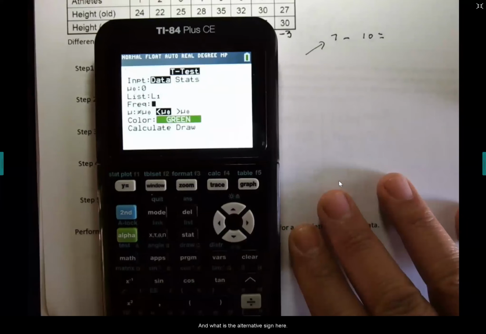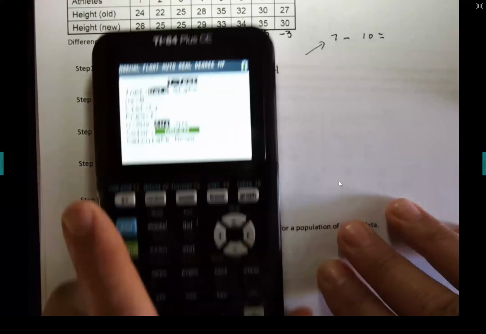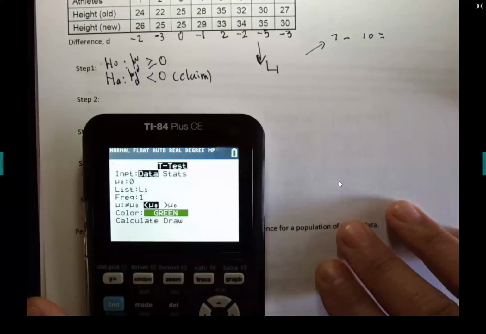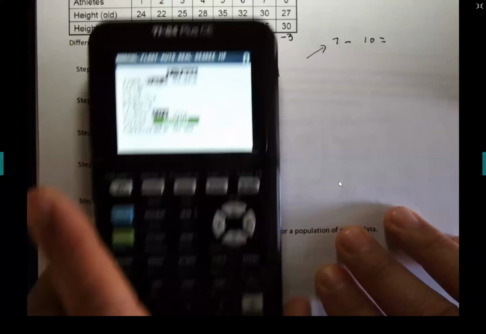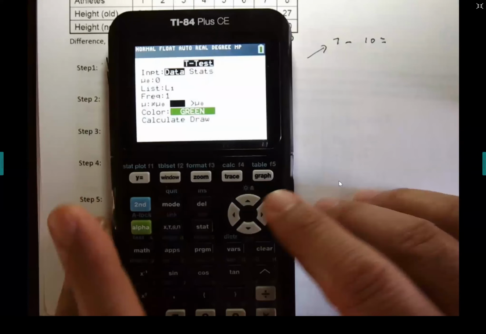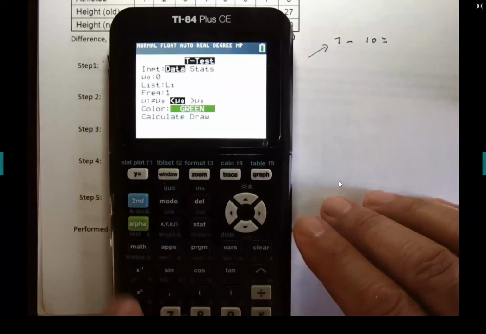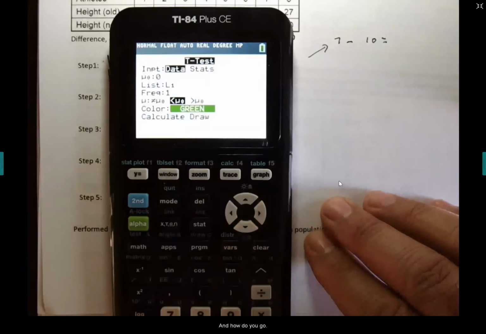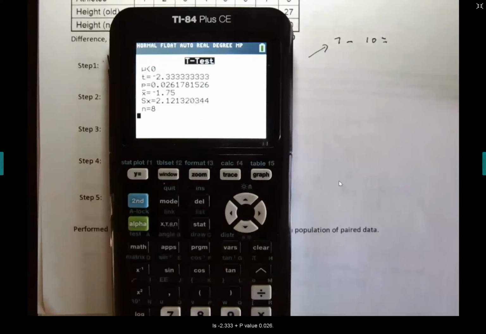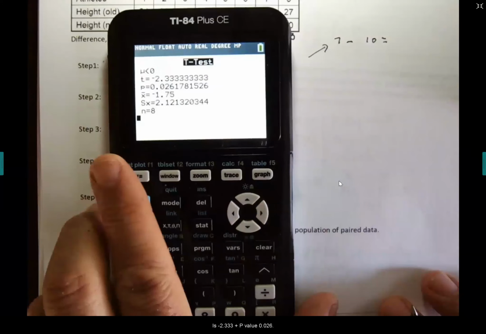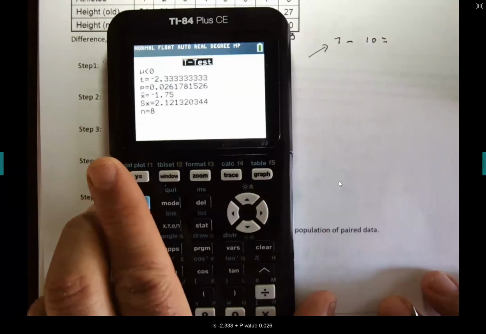What is the alternative sign here? Less than, correct? So I'm just going to put less than. And here you go. T is -2.333 and the p-value is 0.0262. Let me write them down.